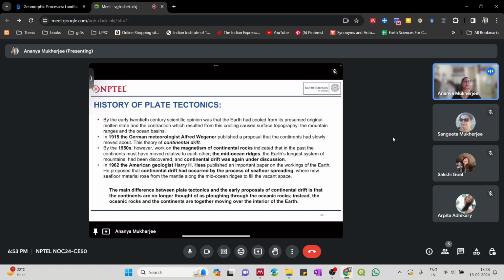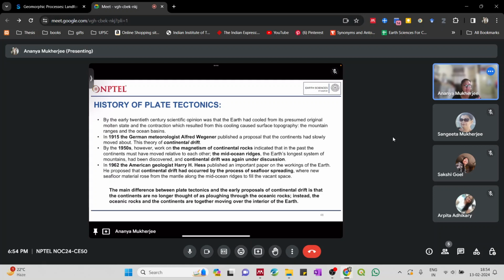So, that is when they proposed that the sea floor is moving away from each other, and that is why the continents have moved away from each other. This was the breakthrough point for understanding plate tectonics in itself.